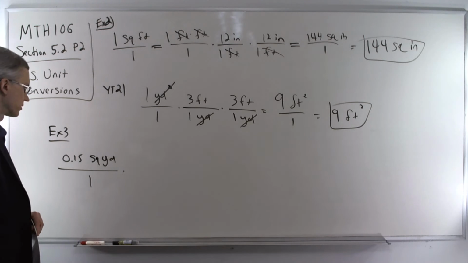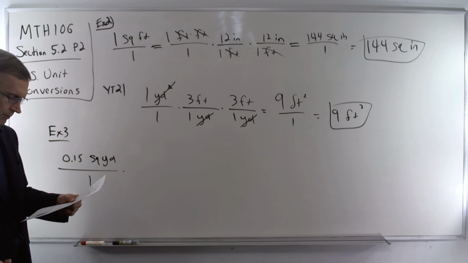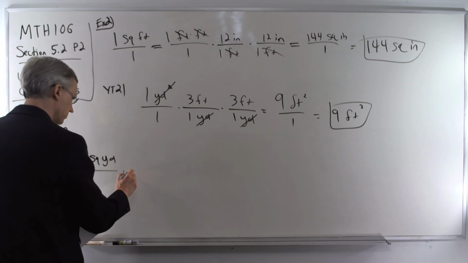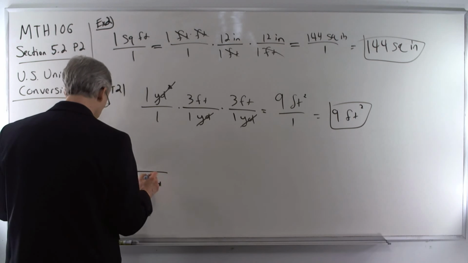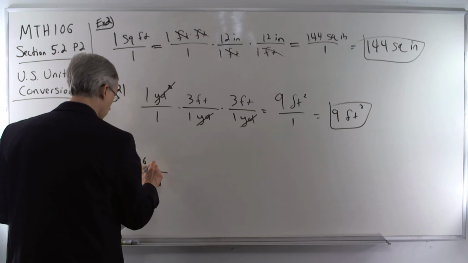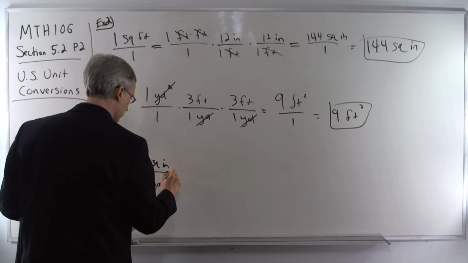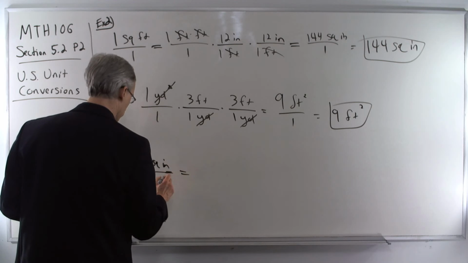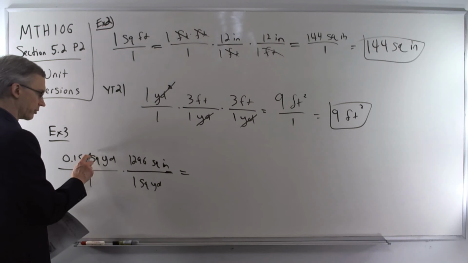And there's the square yards. And now the conversion factor from the table, we have 1 square yard is equal to 1296 square inches. So now we only need one conversion factor because we're doing it all at once.